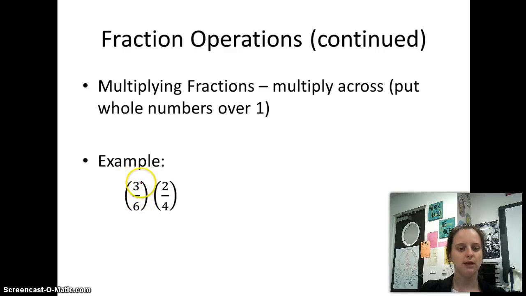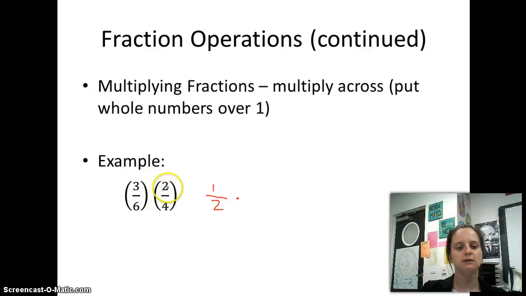So I'm going to say, okay, 3 divided by 3 is 1. And 6 divided by 3 is 2. So hopefully we see 3/6 is the same as 1/2. This is just the simplified version. And then I'm going to multiply that by the second fraction. But what I notice is that I can also simplify 2/4.